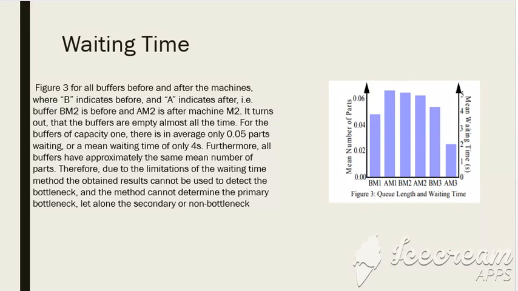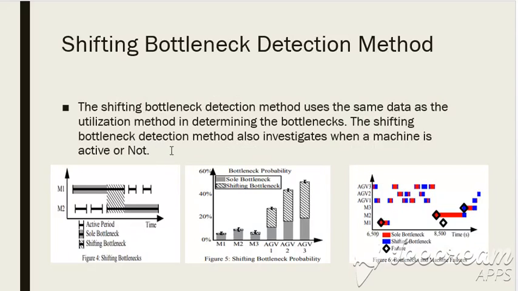Next is the shifting bottleneck detection method. It uses the same data as the utilization method for determining the bottlenecks. The shifting bottleneck detection method also investigates when a machine is active or not. Here it shows the shifting bottleneck, shifting bottleneck probability, bottlenecks and machine failures, and it indicates the active period, solo bottleneck and shifting bottleneck.